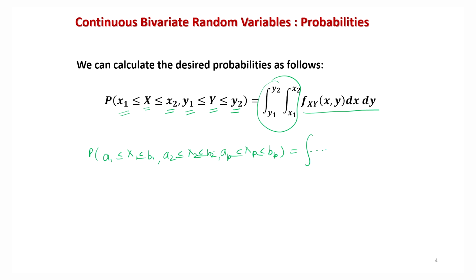This will be the integration from a1 to b1, a2 to b2, up to ap to bp, of f(x1, x2, ..., xp) dx1 dx2 ... dxp, like this. So this is what I want to show you.